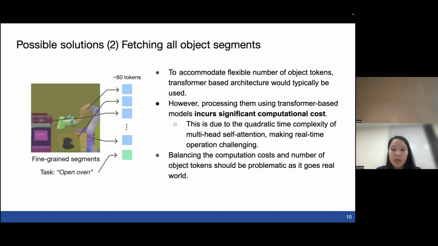Processing them using transformer-based models would incur significant computational cost, usually because of the quadratic time complexity of multi-head self-attention, which makes real-time operation really challenging for the robot. So I believe balancing the computational cost and the number of object tokens is problematic as it goes to the real world.